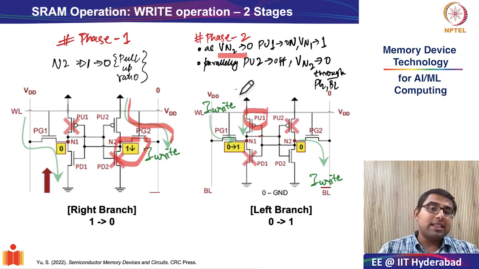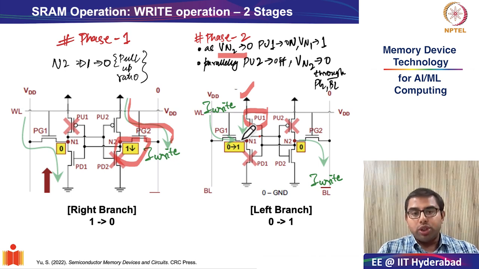So this results in the pull-up 1 transistor getting turned on, and as a result, the second phase of write current flows in the left hand side of the branch from the supply voltage and the bit line into the storage node 1, therefore charging the storage node 1 from 0 to 1.